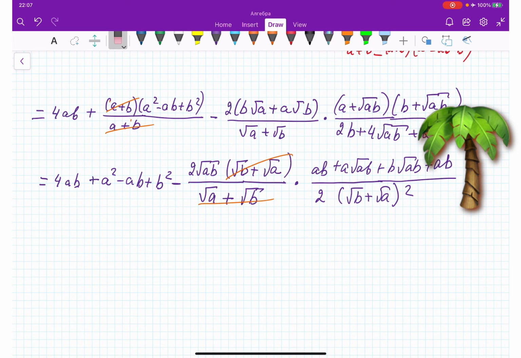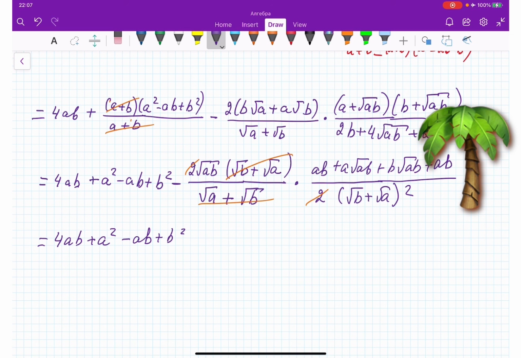And let's see what we are getting here. So these 2 I'm canceling with these 2. Let me write it down clean. It's equal 4ab plus a squared minus ab plus b squared.